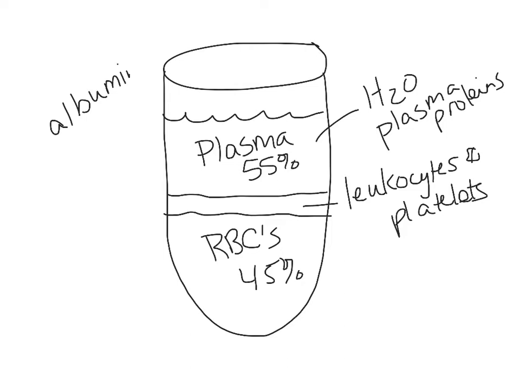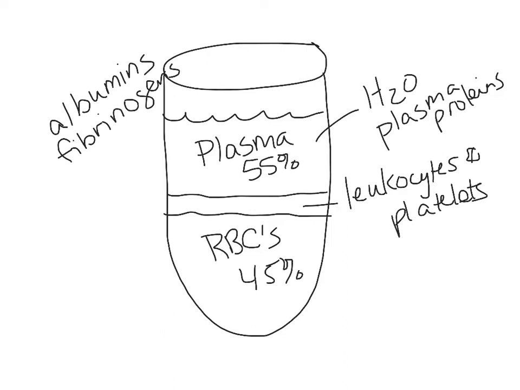Albumins are the ones that create that osmotic pressure and kind of pull water back into the blood vessel. And fibrinogen is another one. Fibrinogens get converted into fibrin, and fibrin helps to form that blood clot. There are some other ones like transferrins. We'll talk about some other ones as we go along.